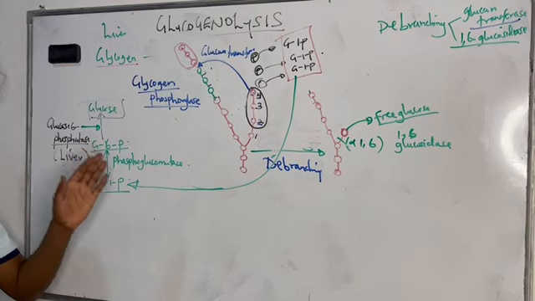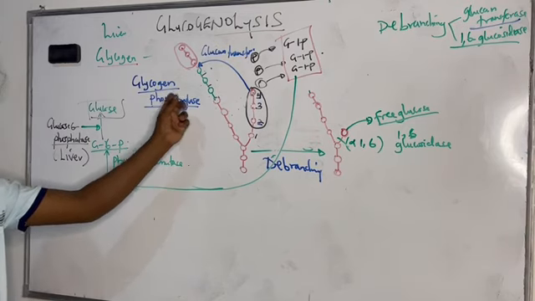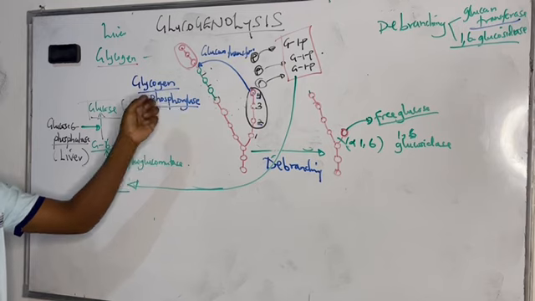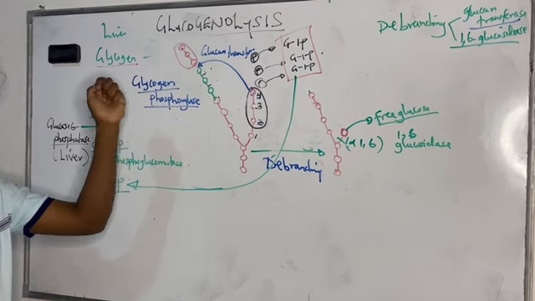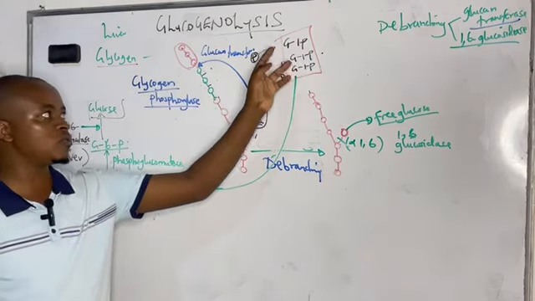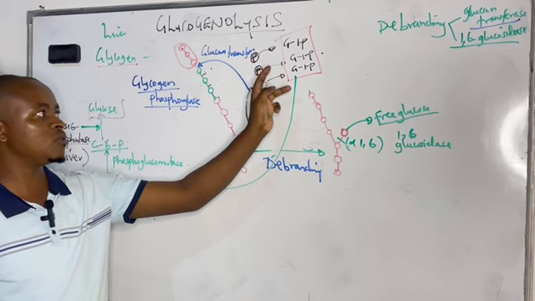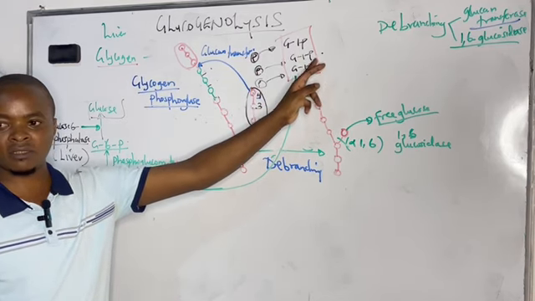In glycogenolysis, we need a glycogen phosphorylase. This glycogen phosphorylase is the one that breaks the bonds by adding a phosphate group, and when it adds a phosphate group, we form glucose 1-phosphate.